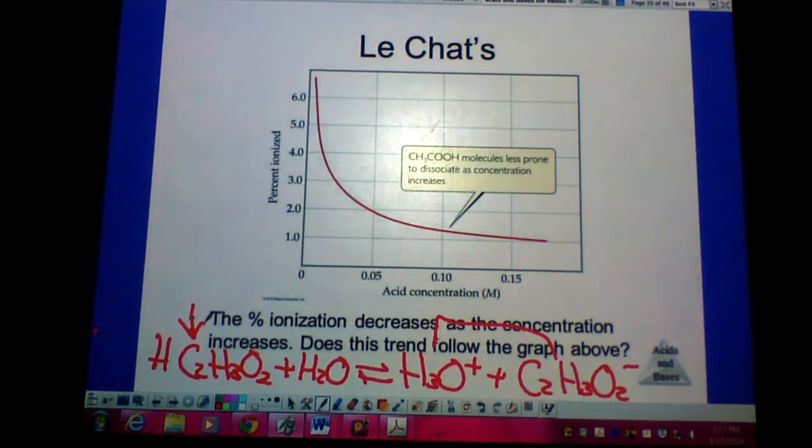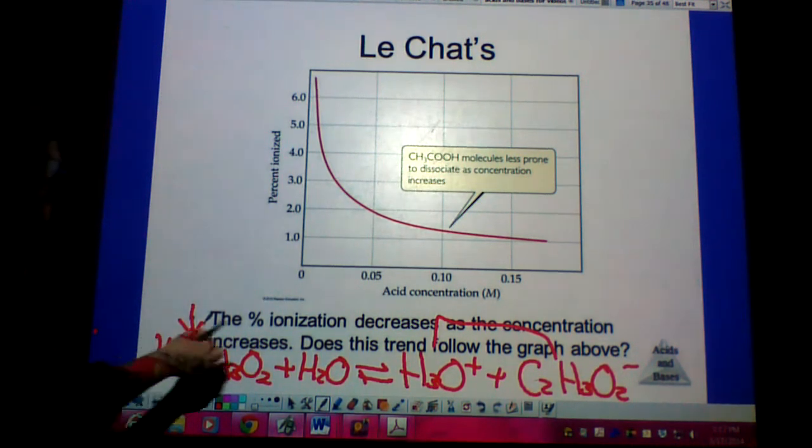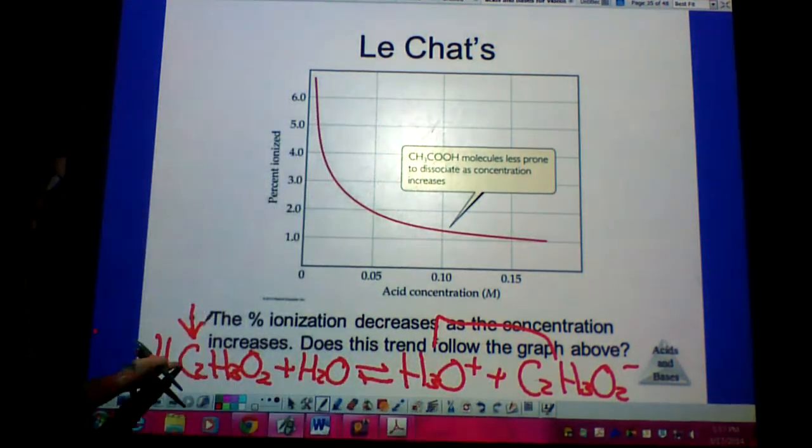So we have to offset this. If I increase the concentration of acid, the percent dissociation or percent ionization is going to have to decrease to allow equilibrium to continue to move back and forth, to allow Le Chatelier's principle to move back and forth.